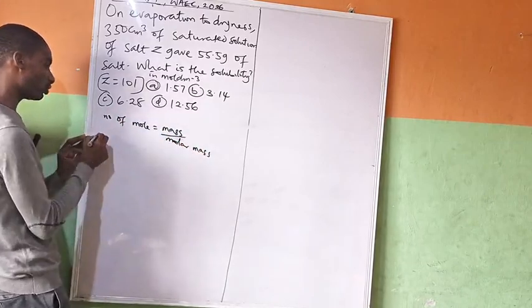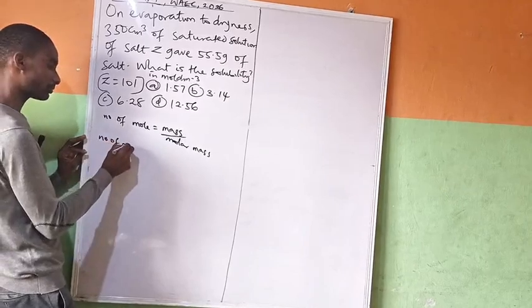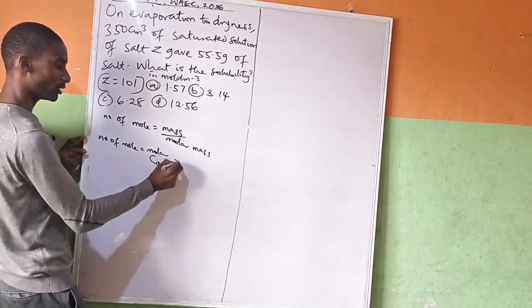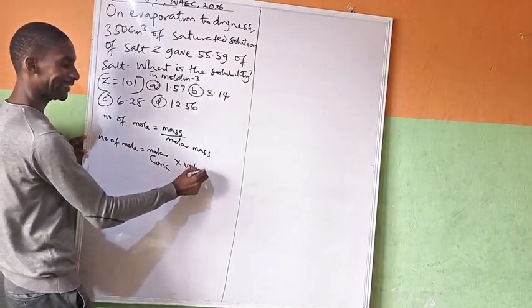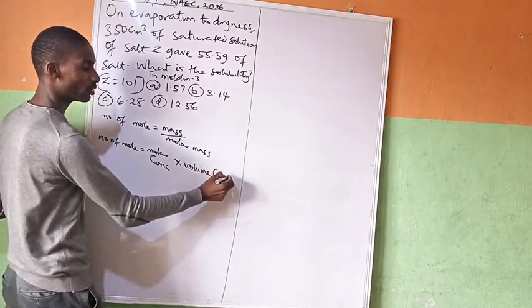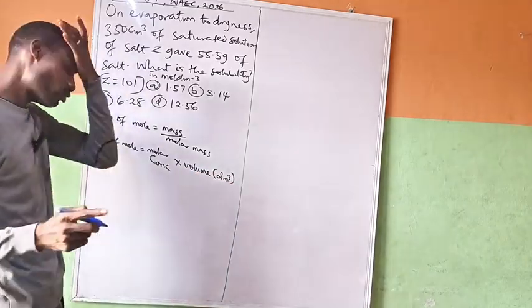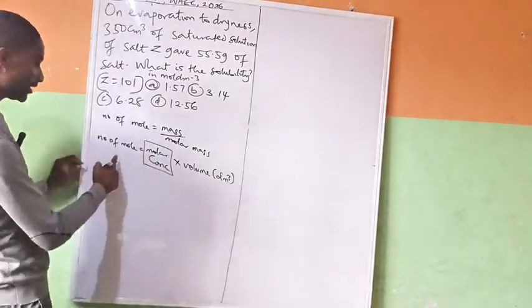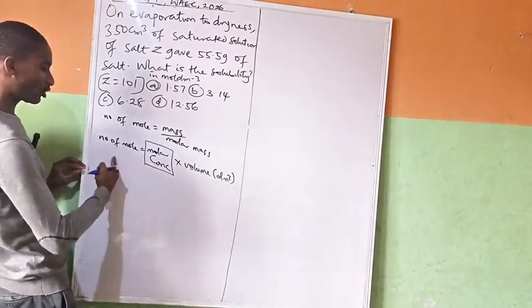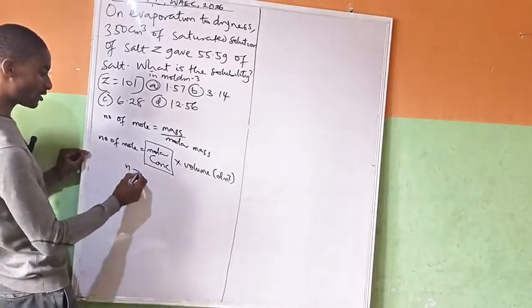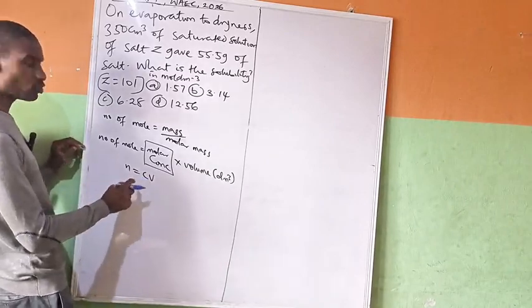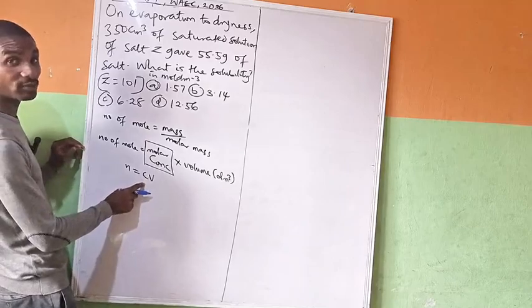And then I gave you number of moles equals molar concentration times volume in dm³. So when they ask you for solubility, they are simply asking you for molar concentration. The short form of this is n equals CV. So when they ask you for solubility, they are asking you to make C the subject of the formula.